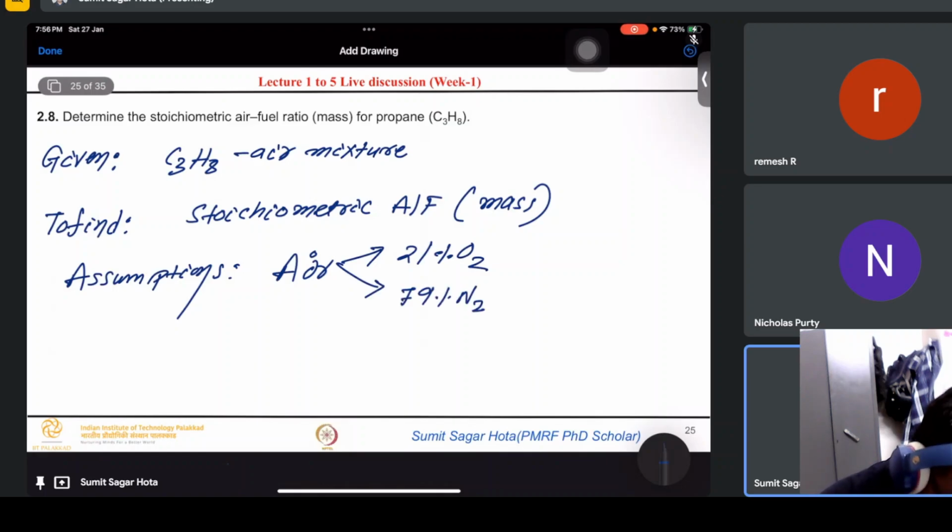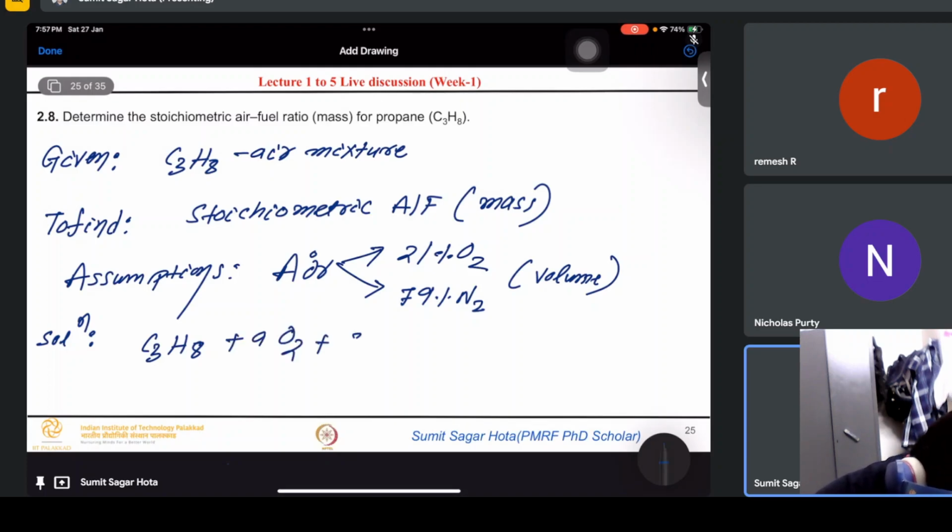Okay. Propane plus A times O2 plus 3.76 N2.